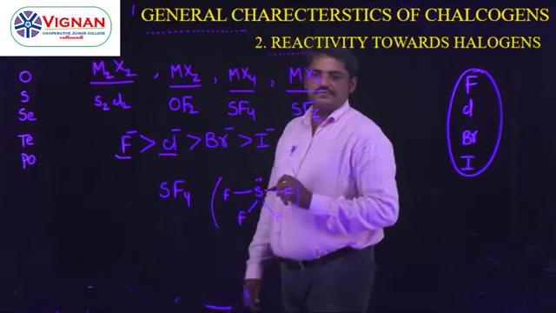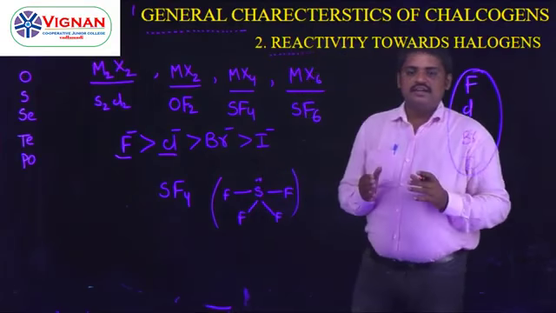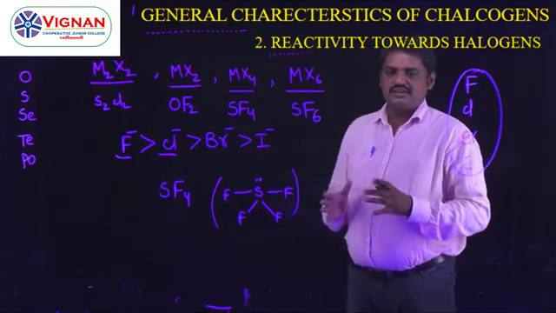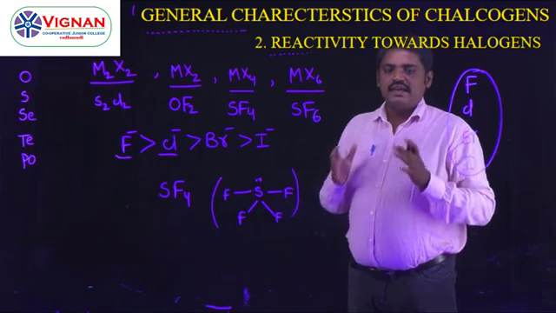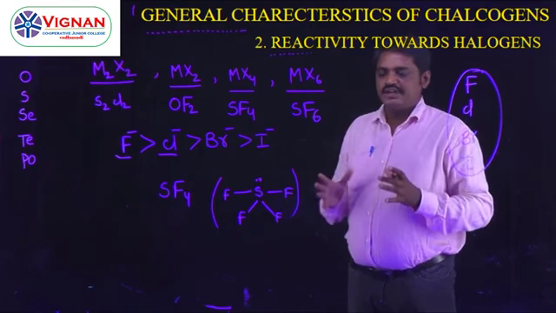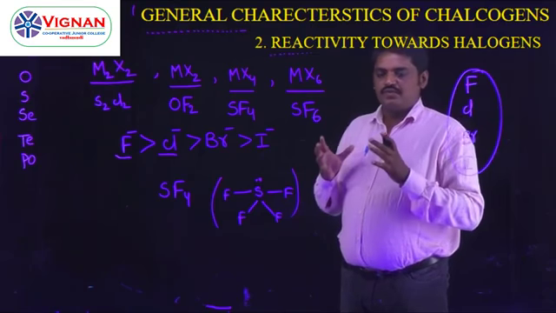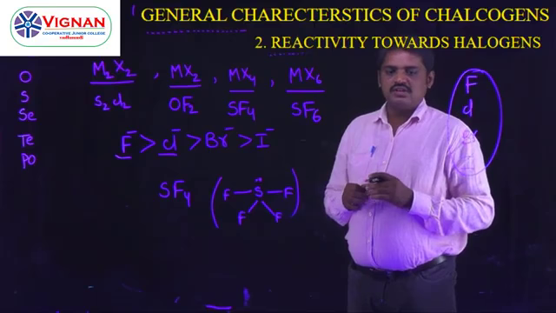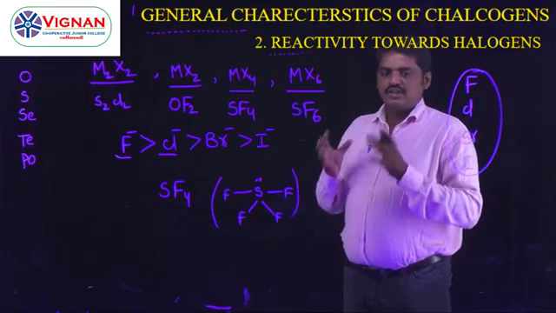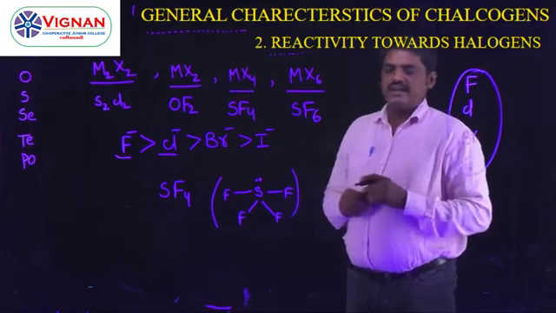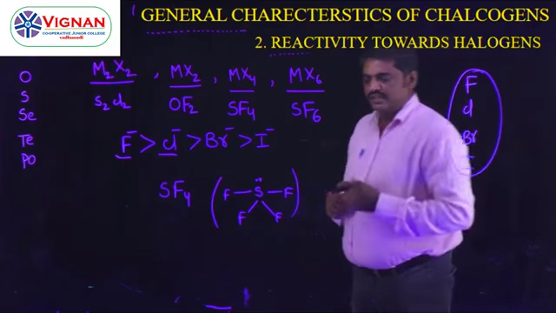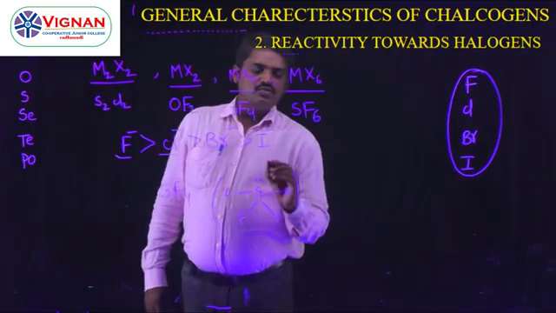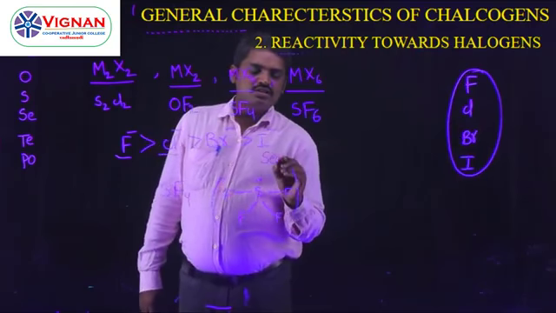SF4 structure is observed. Central atom sulfur contains totally 6 valency electrons. 4 electrons are participated for the formation of fluorine bonds, and the remaining 2 electrons are involved for the formation of lone paired electrons. Finally, the structure is similar to seesaw shape.